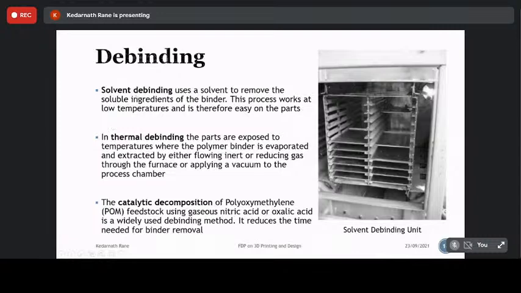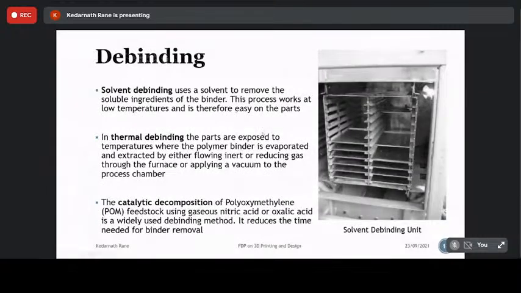One is solvent debinding, where you are removing soluble constituents from the binder system. And again, this is not typically melting of the binder, but it is basically a diffusion based system, similar to dissolving salt in water.